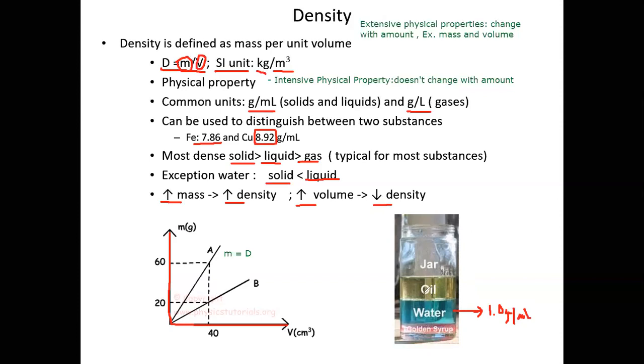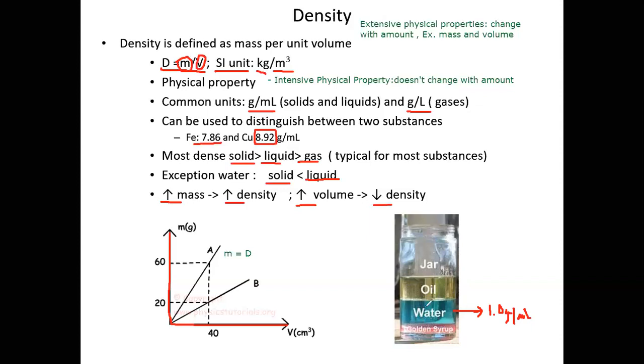So here we have this picture of some oil, water, and syrup. And we know that water is roughly 1 gram per milliliter. So if something sits above water, that tells us its density is less than 1. If something sits below water, that tells us that its density is greater than 1.